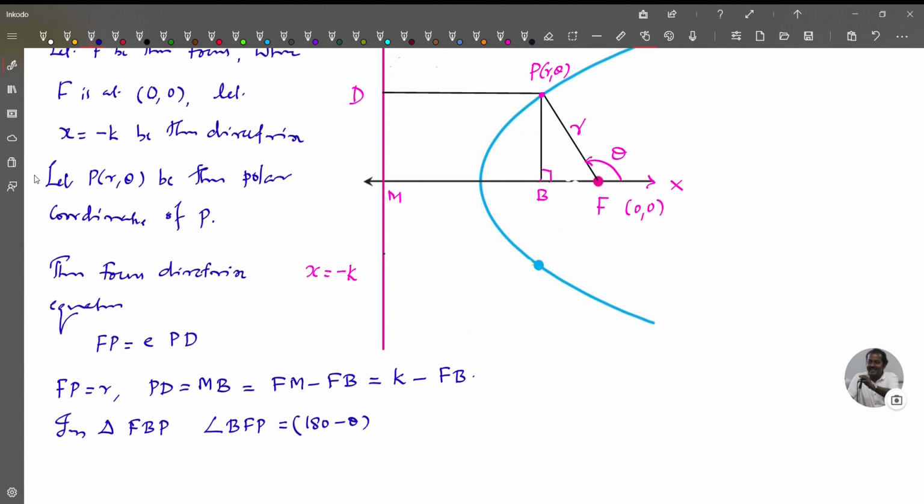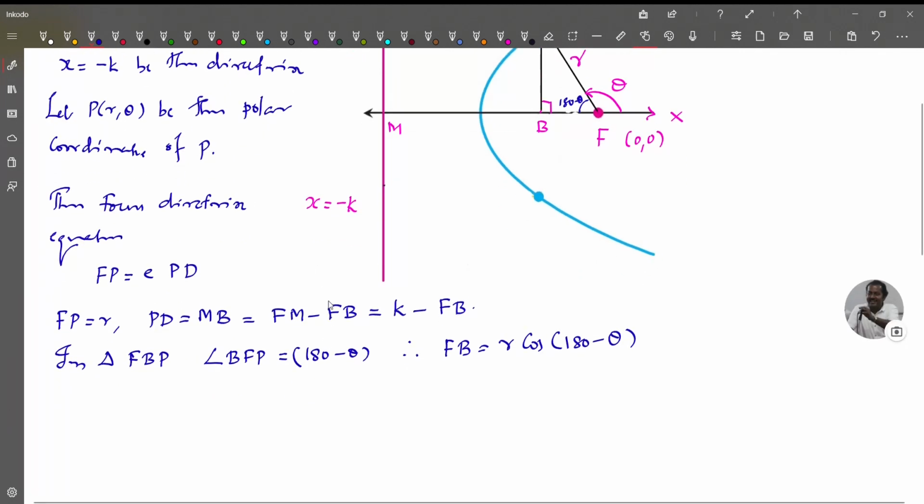So this angle is 180 minus theta. Therefore FB is equal to r cos(180 minus theta), which is equal to minus r cos theta.